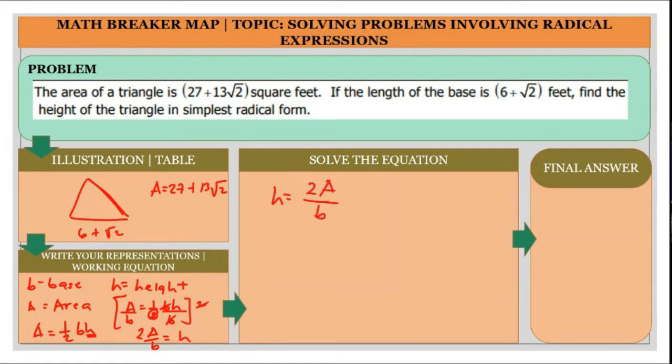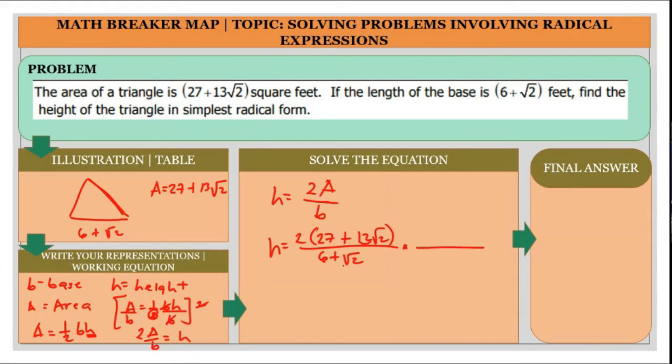So now we will be substituting the values of the area and the base of the triangle. H is equal to 2 times the area, which is 27 plus 13 square root of 2, all over 6 plus square root of 2. We will be simplifying it by removing the radicals in the denominator by multiplying the numerator and the denominator by its conjugate.